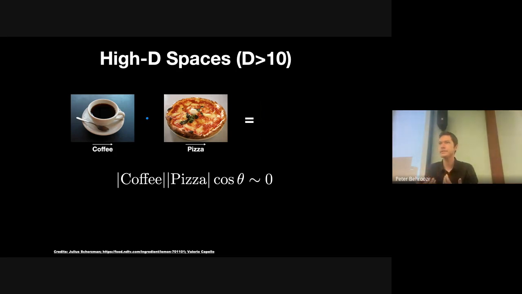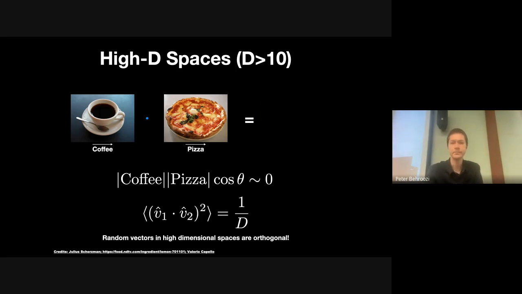That gives us the intuition that mathematically, if you take the dot product of two random unit vectors in a high dimensional space, the expectation value of that dot product squared is basically 0, which means that two random unit vectors are most likely orthogonal.